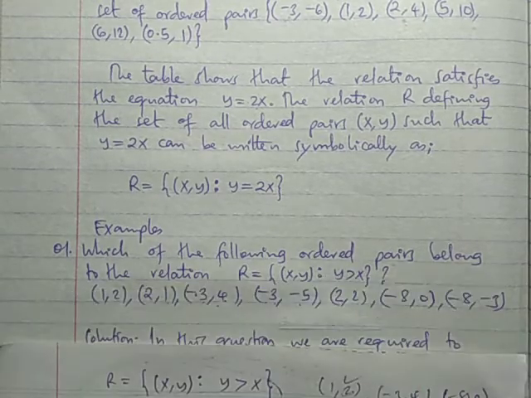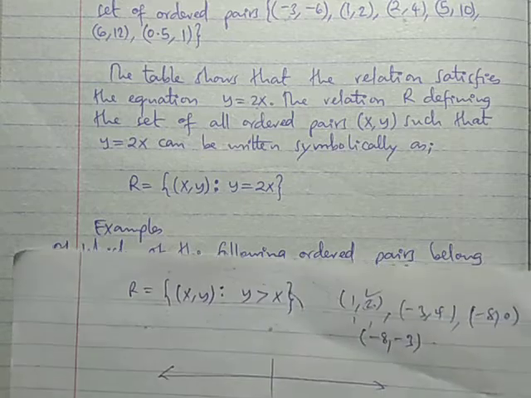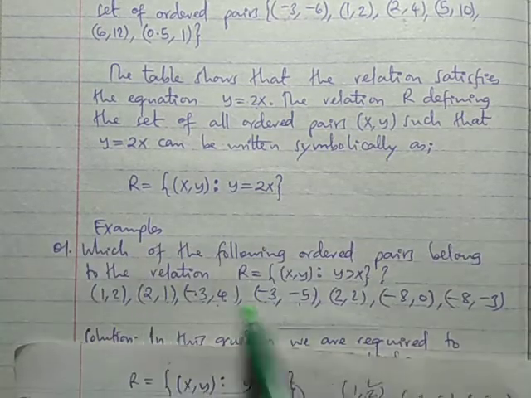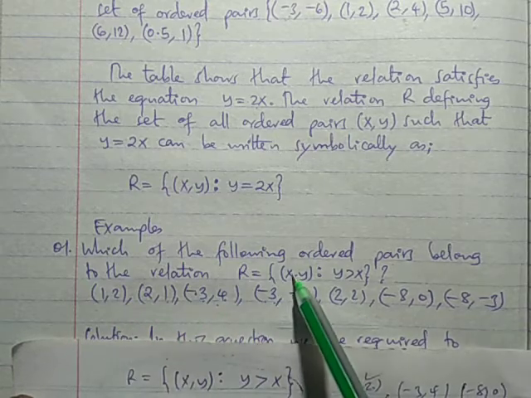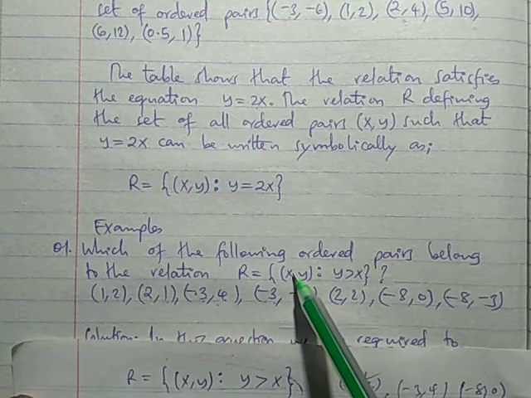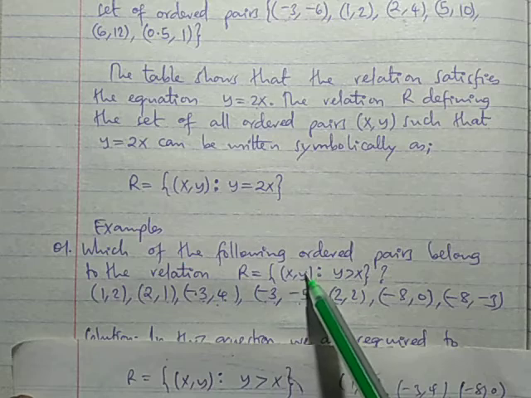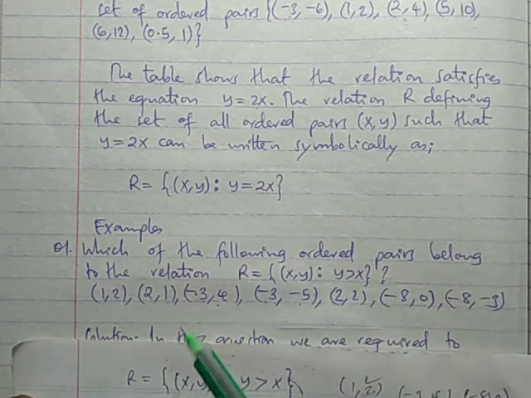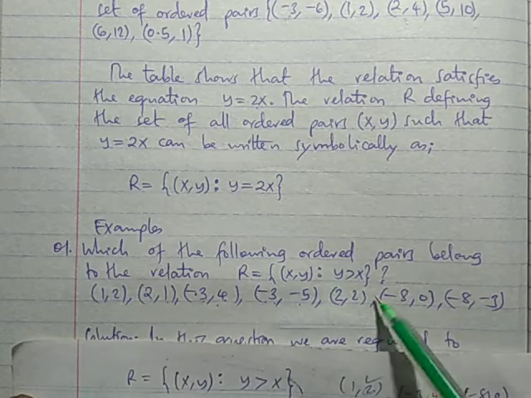So this question was easy. It was just to write the ordered pairs which agree with this relation. Y is greater than x. You're looking at these values. The first value according to the relation is x, which is a member of first set. And the second value is y. Which of these relation, the value of y is greater than the value of x?